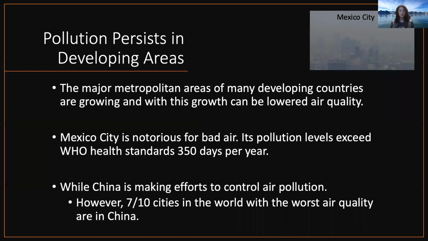So pollution unfortunately persists in developing areas, including Mexico City, which is a major metropolis area in a developing country, and it has notoriously bad air. The pollution levels in Mexico City exceed the World Health Organization standards in 350 out of 365 days per year.